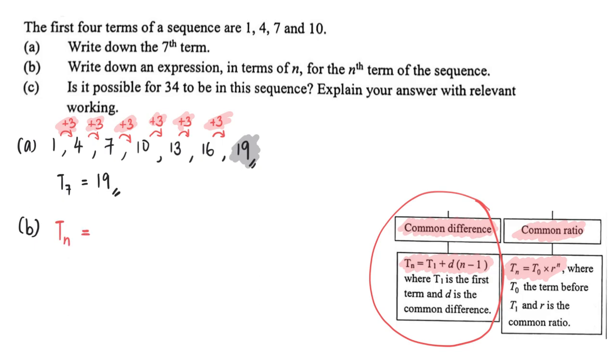Tn equals T1 plus d times n minus 1. Okay? d is the common difference, meaning the number that we always add on to the previous term. So in this case, it is 3. Okay? n minus 1, just continue to write as n minus 1.